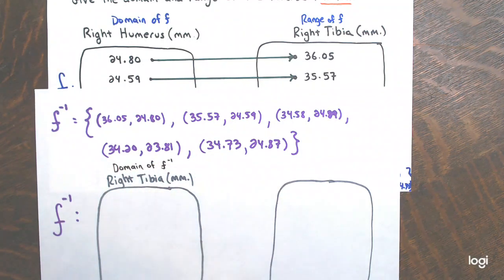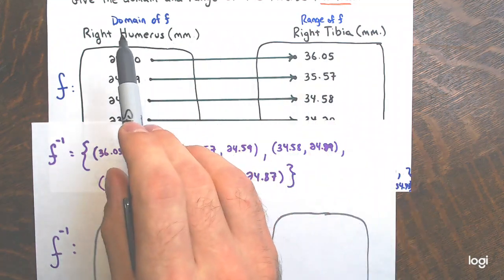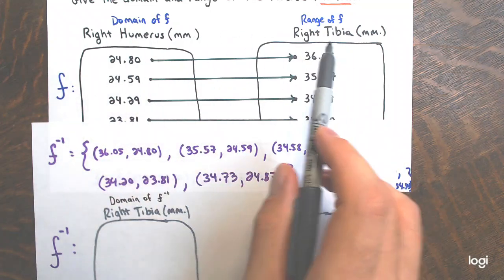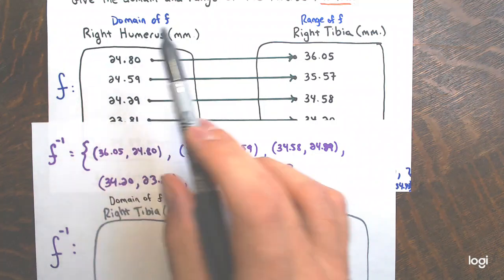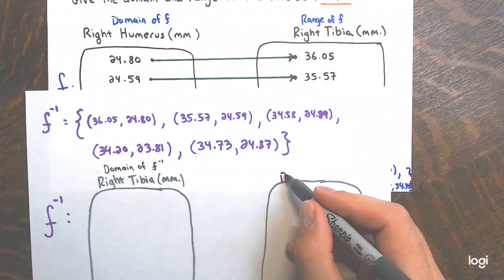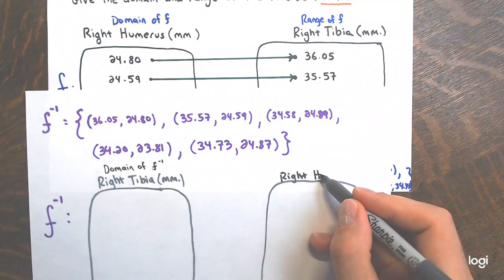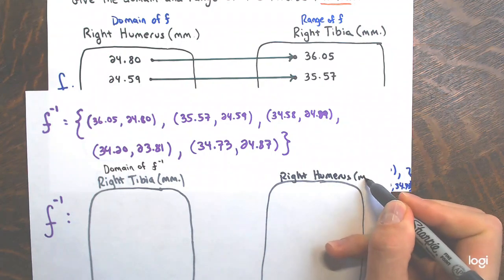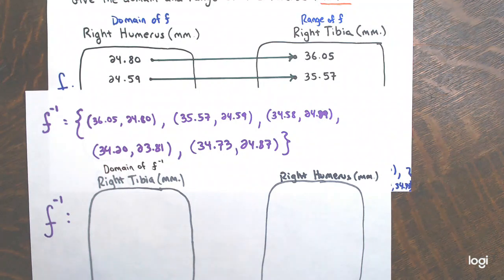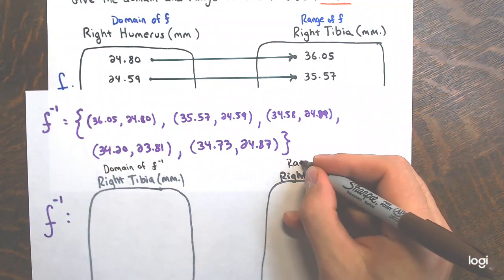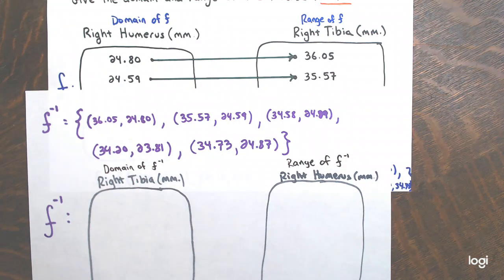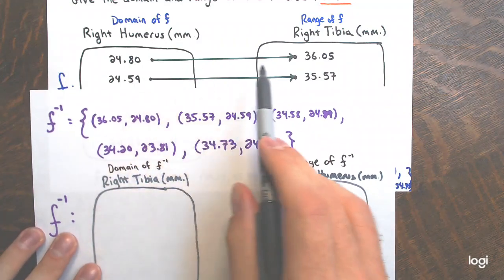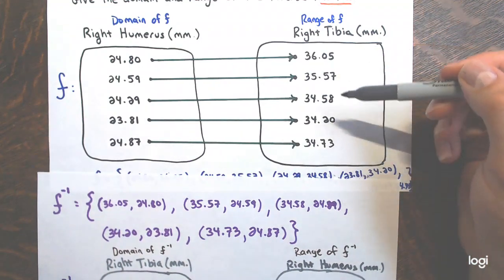And I'll write that out as a separate set later too. When I flip these, the right tibia lengths are the domain now, and the right humerus lengths will be the range of F inverse, in millimeters. So all these tibia lengths are now in the domain.